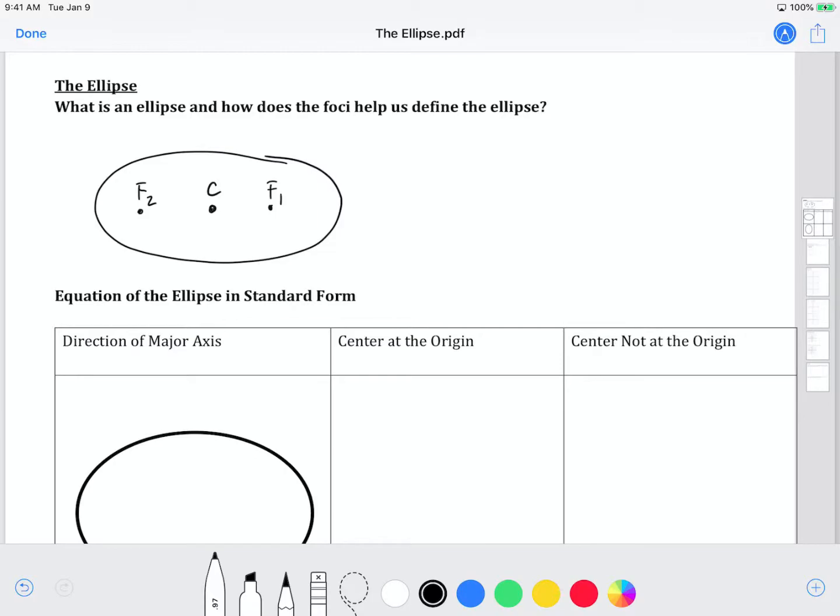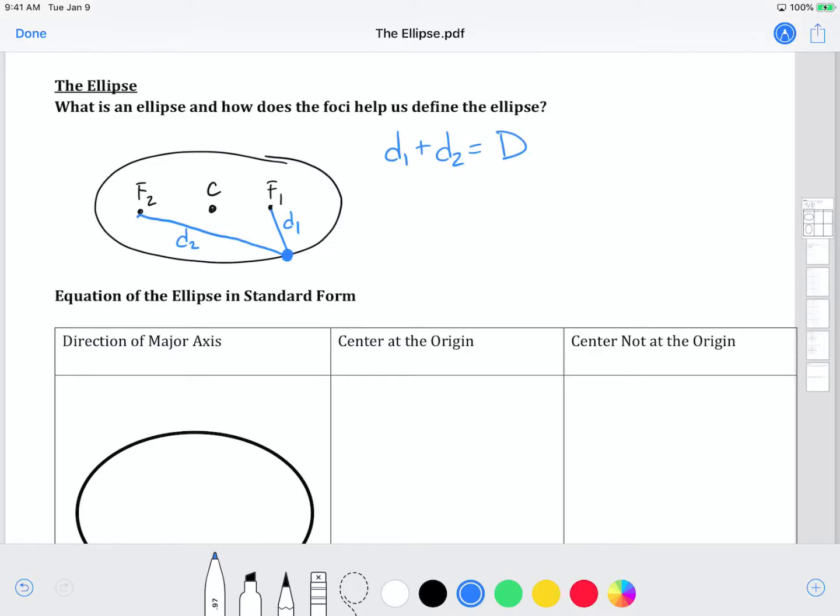Now the points on the ellipse are formed because if I take any point on that ellipse, I'll take this point here, just a random point, and I take the distance from this point on the ellipse to the first focus point, and then to the second focus point. We'll call this distance here distance 1 and distance 2. If I add up distance 1 and distance 2, that will give us a total distance.